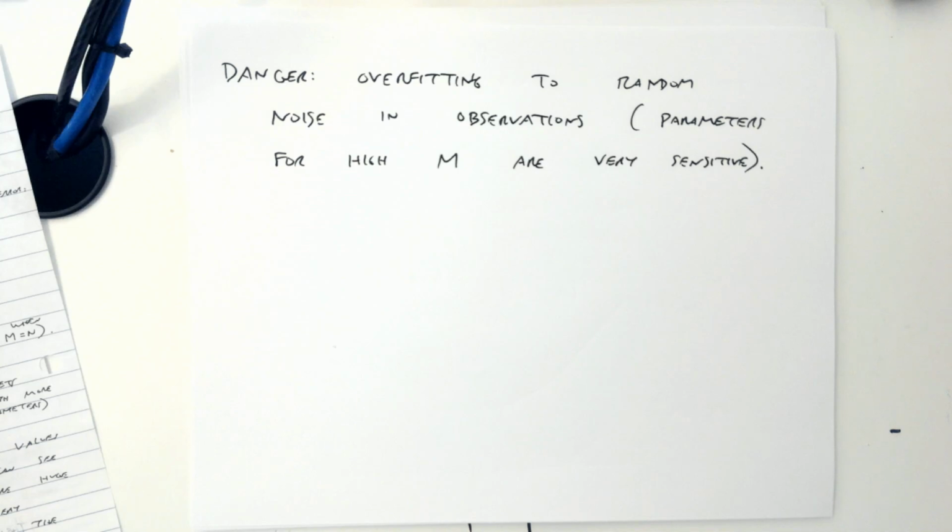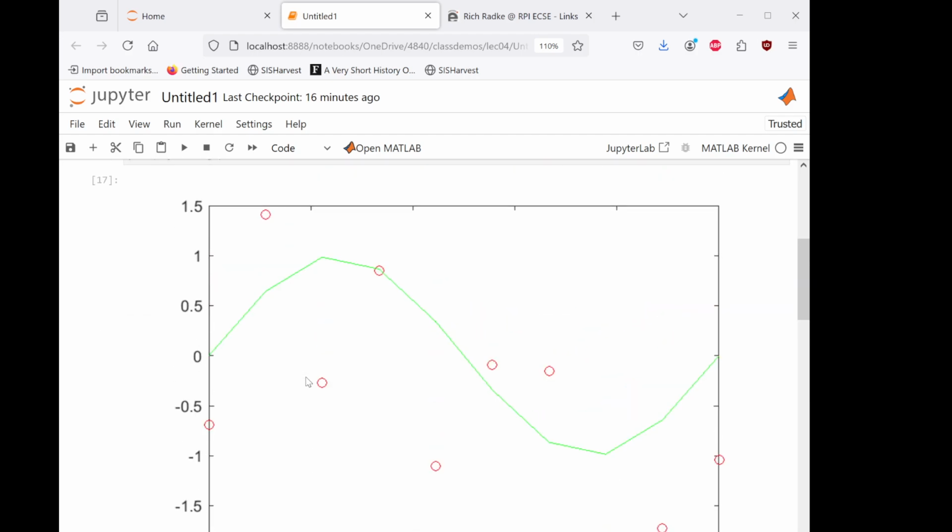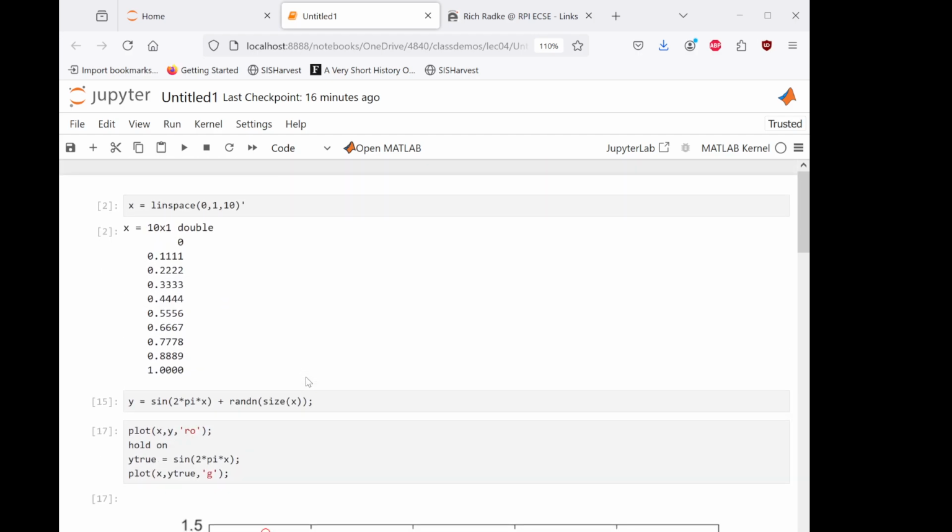So again, this has to do in a way with trading off the amount of data you have with the number of parameters that you're fitting, right? So let's turn this problem around a little bit, and instead of using 10 data points, let's fit 100 data points, right? So I go back here, and instead of creating 10 data points, I'm going to make 100 data points.